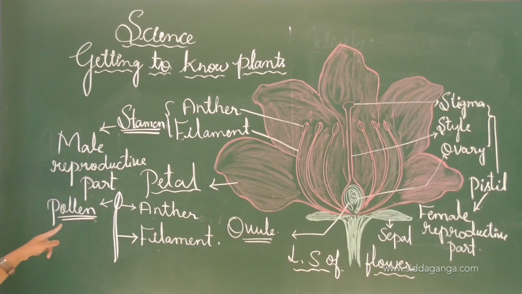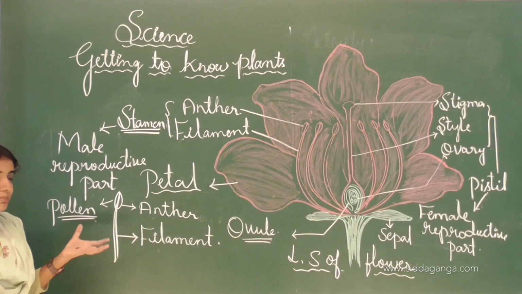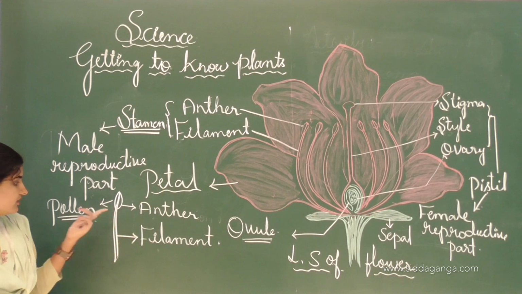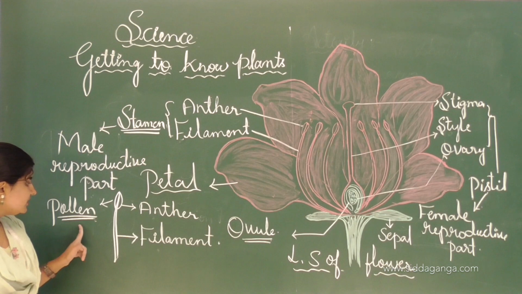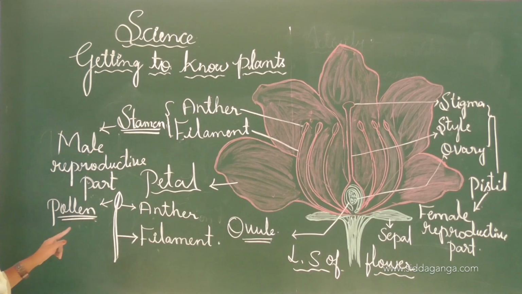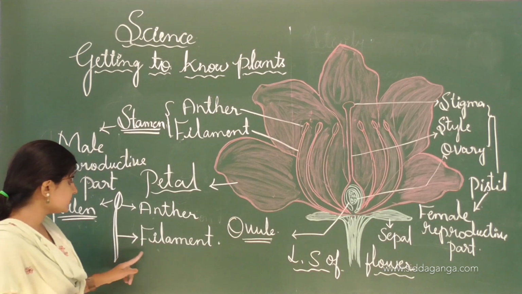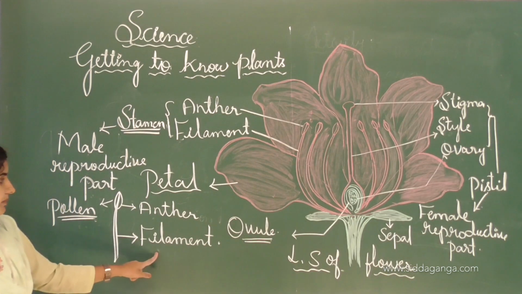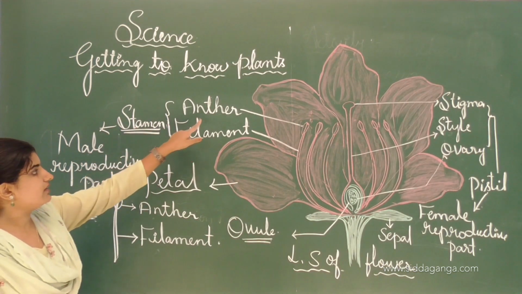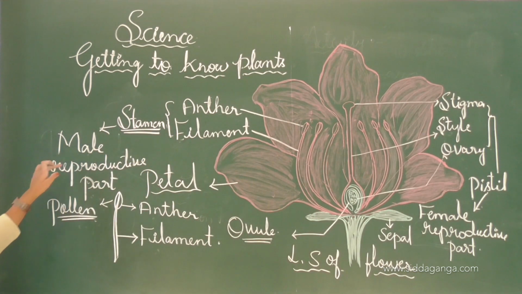Anther bears the pollen, a powdery yellow substance that comes out from the anther, called pollen. Pollen is responsible for the reproductive process, and the long tubular structure is called the filament. See, this is how stamen can be divided into anther as well as the filament. It is the male reproductive part of a flower.